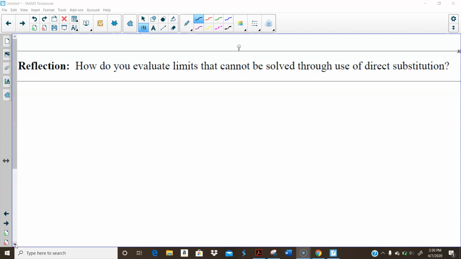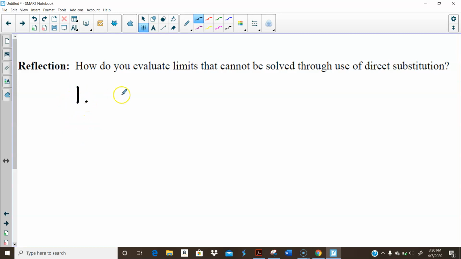So under the reflection, I would like you to take a minute to think back of all the different ways that we have been able to find limits. So if I'm looking for limits and I'm not going to use direct substitution, my first method is going to be to factor it, to do some canceling, and then use direct substitution.